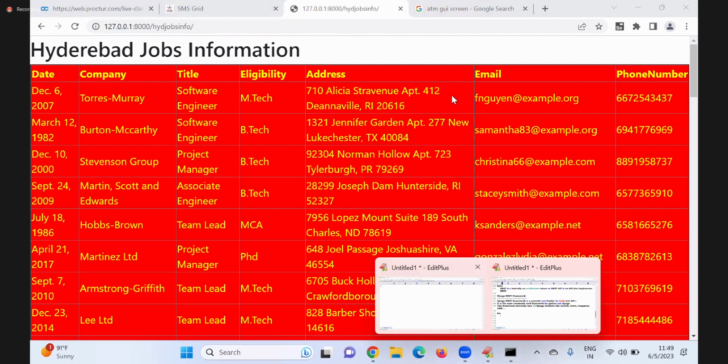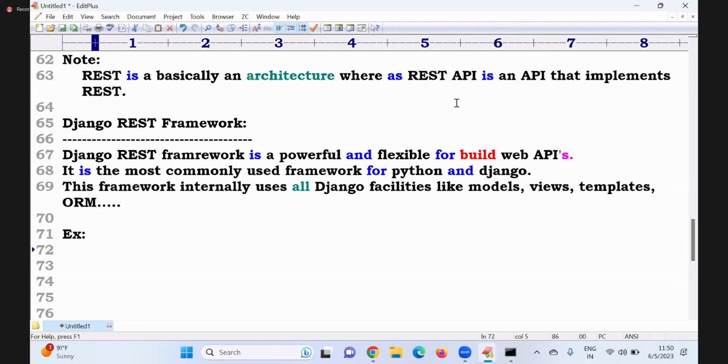And now, just what I'm telling, for example, the job to SMS gateway communication. What is required? API is required. Both the applications I want to communicate.